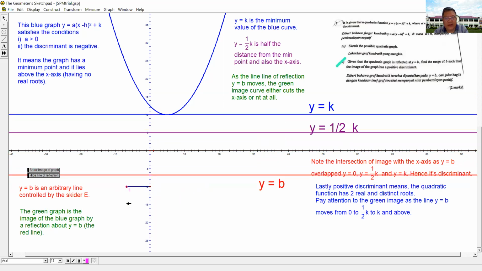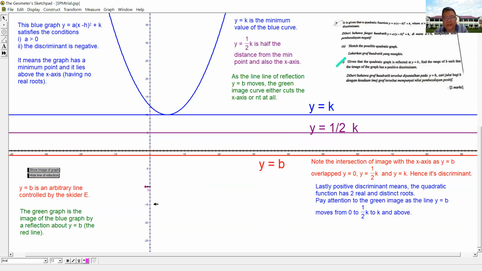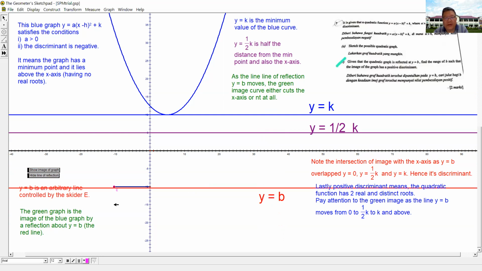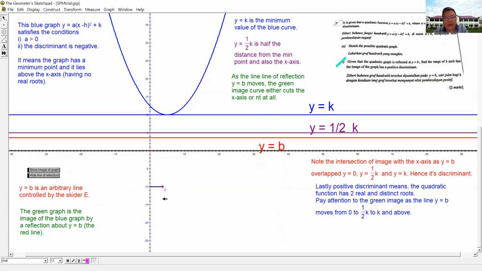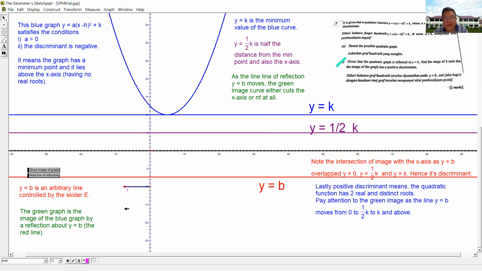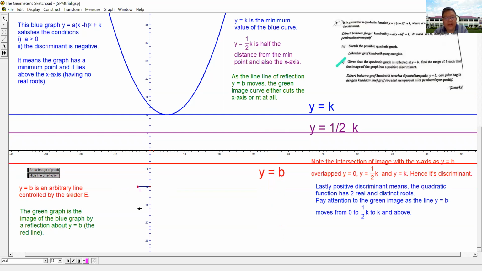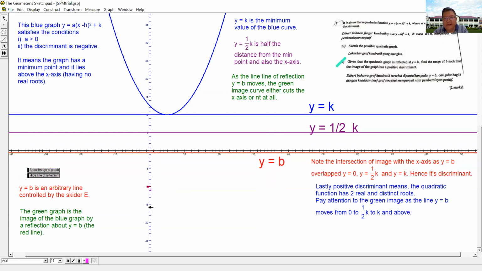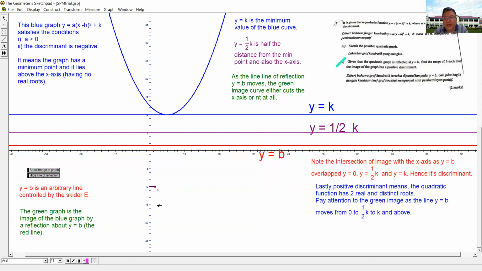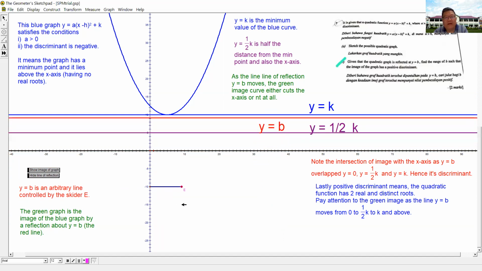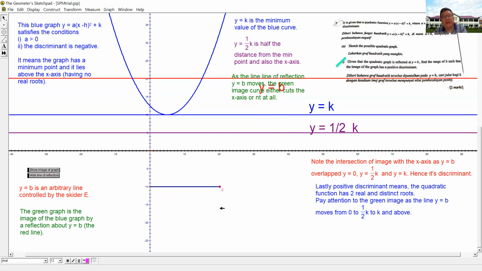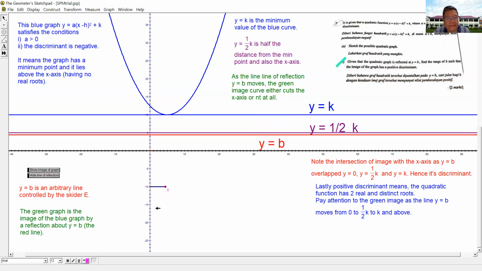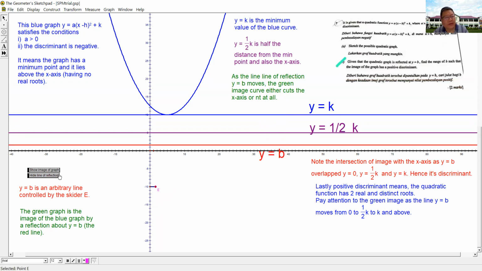I can drag it and control the position of the line y equals b. So you can see the value of b is negative, 0, half k, k, and more than k. Let me hide this line first.